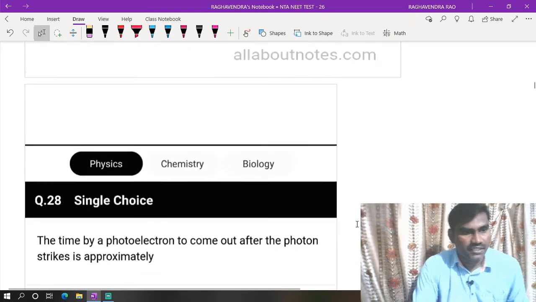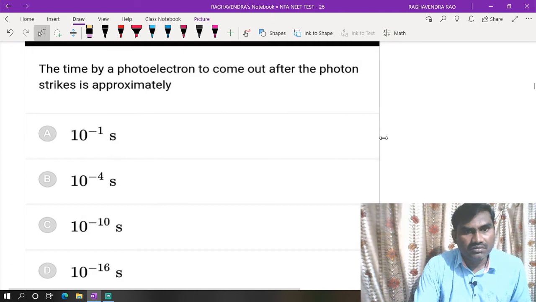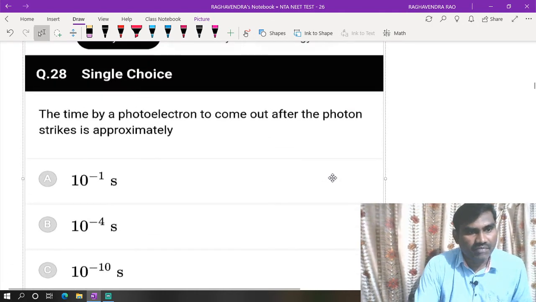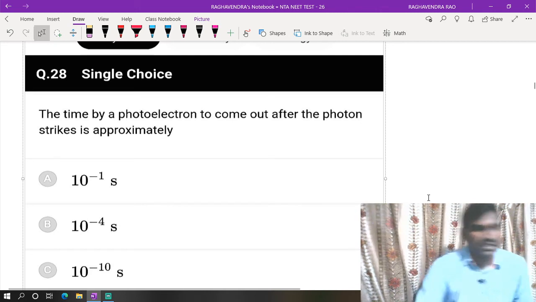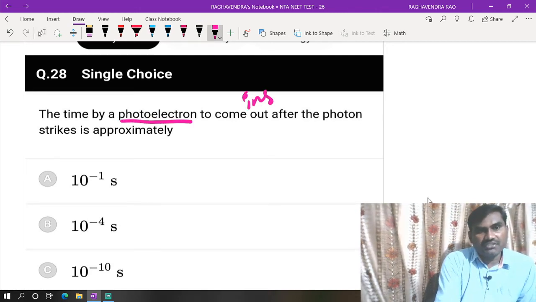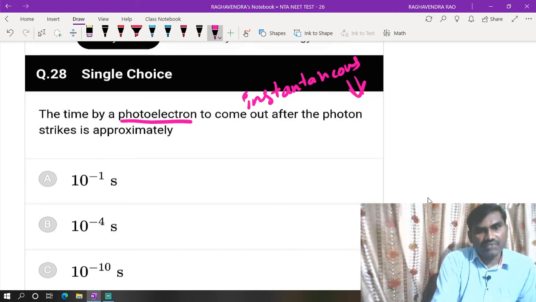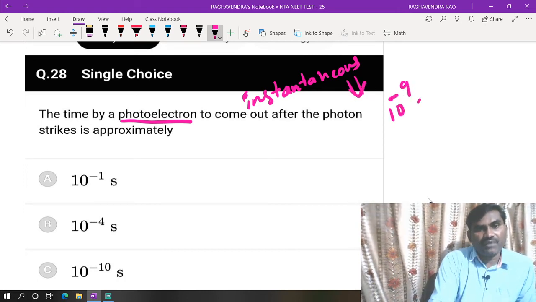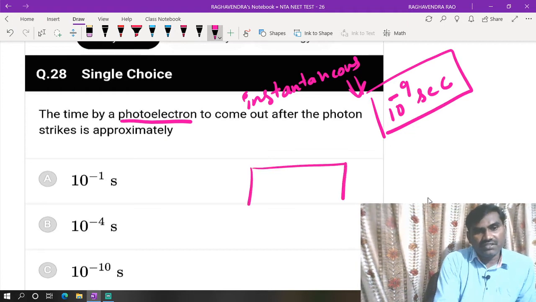Next, the time taken by the photoelectron to come out after the photon strikes, approximately. The photoelectric effect is an instantaneous process. It will take a time of 10 to the power of minus 9 seconds. This is the surface of the metal.